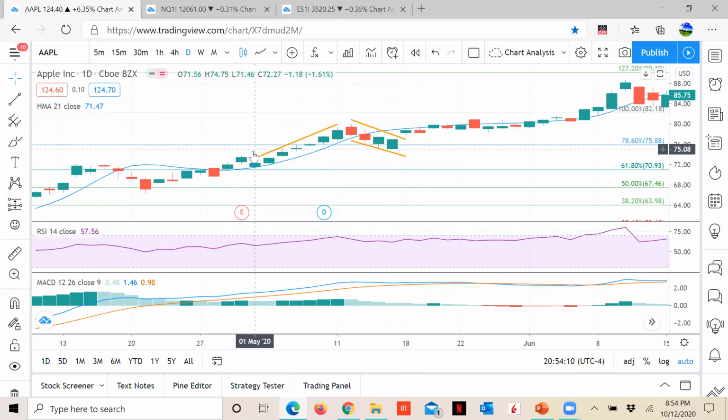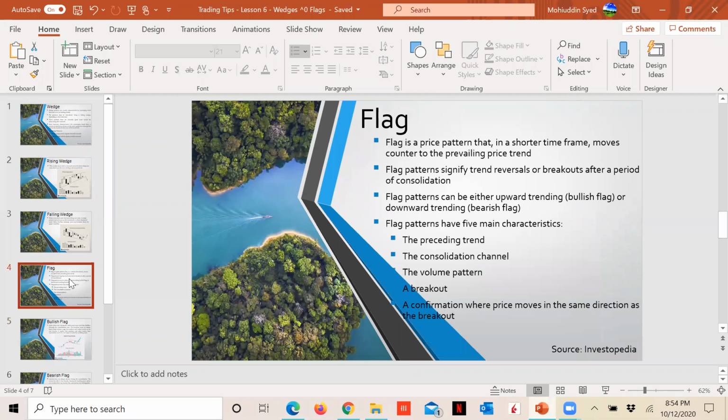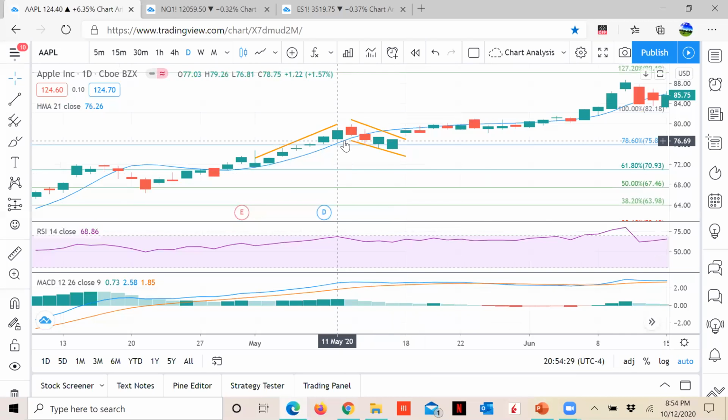So this is the flagpole. This is the channel. So five characteristics, we just saw: preceding trend, the reversal of the preceding trend, and a consolidation happens.